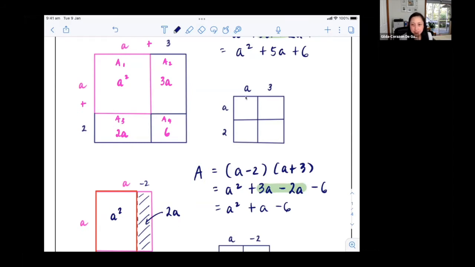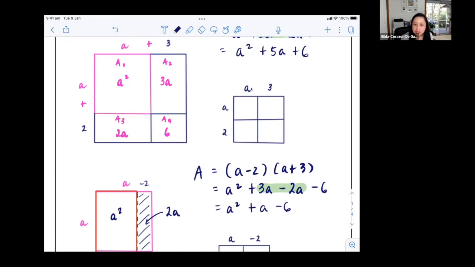So what are these boxes for? This is what you call the box method. You don't have to draw it to scale, and you say this is A plus 3, A plus 2. How do we calculate the product, or when we multiply A plus 3 and A plus 2, what do we get?